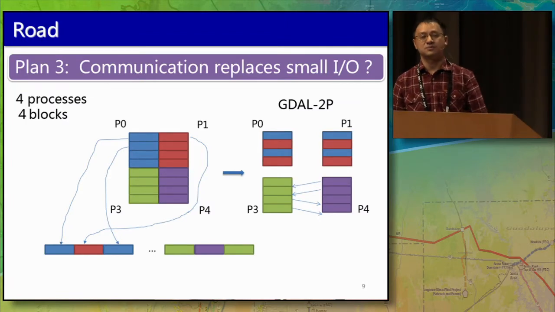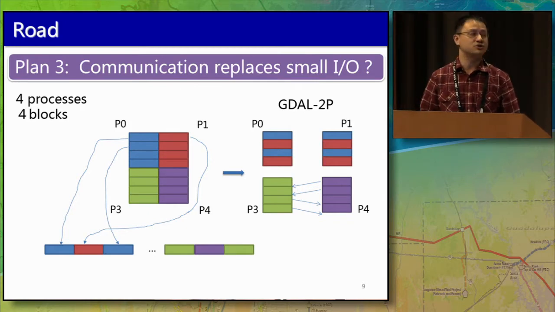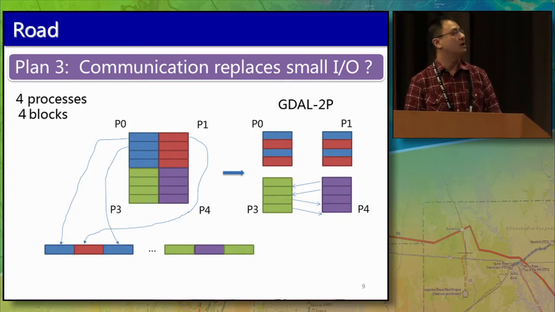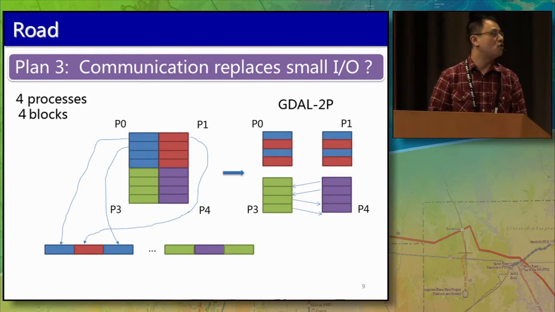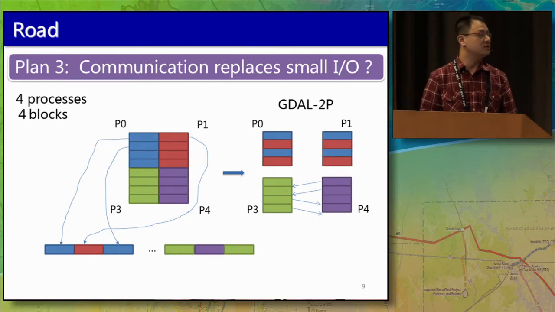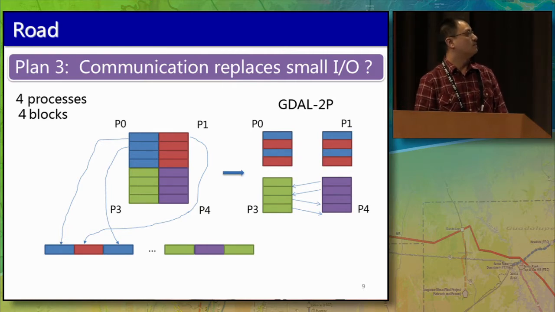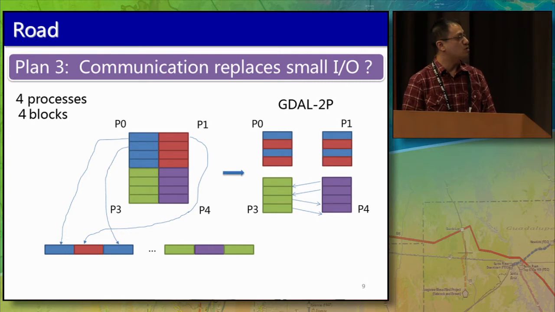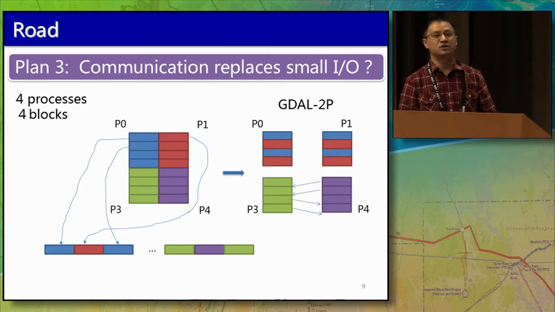In our project, there is another solution I can show. There are 4 processes, and the data is partitioned as 4 blocks. Before the process writes the block to the disk, we can exchange between the different processes.